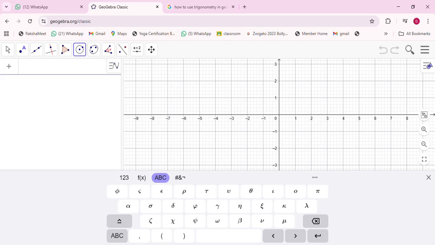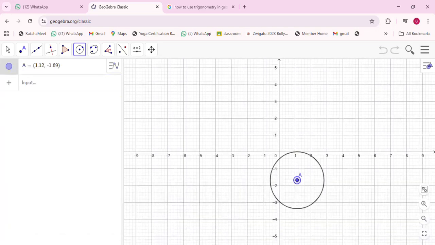So this is our GeoGebra basic view, and as you see, I can take a point here, and this is our standard view.